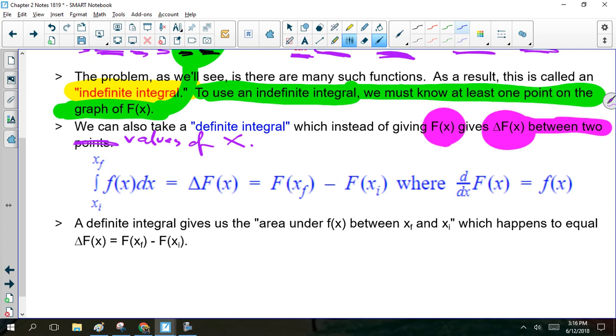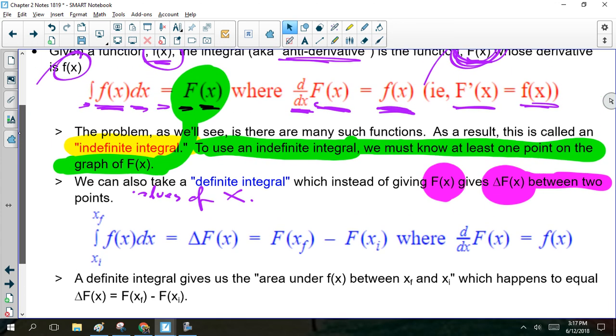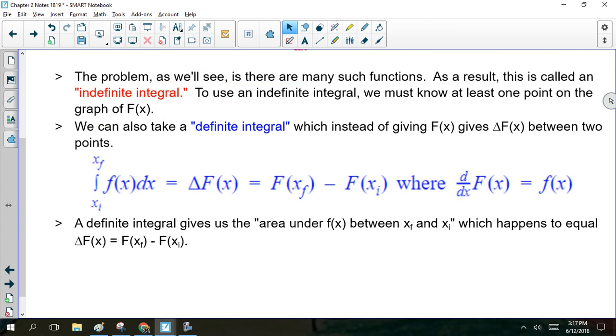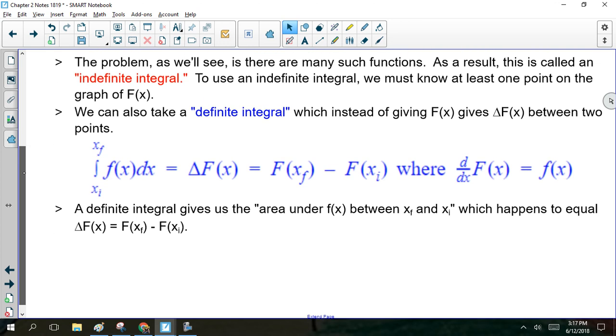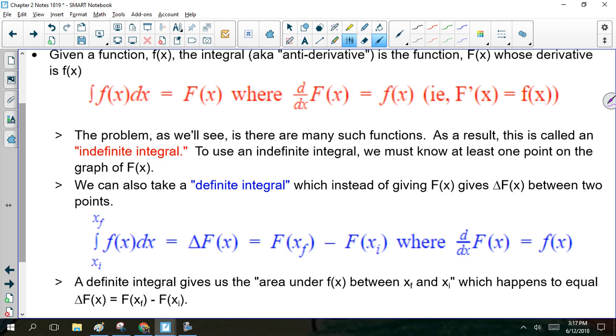The way that we write this is, instead of just writing our integral, we add in our starting and ending values of x. Notice the notation here. Let's clear off our ink. When we did an indefinite integral, I used this notation.